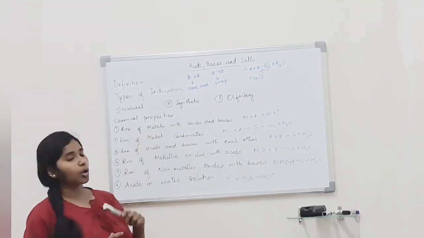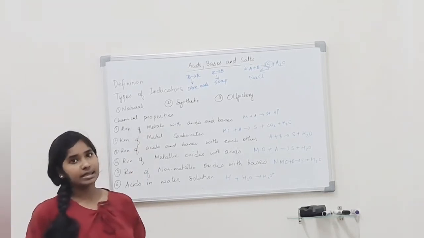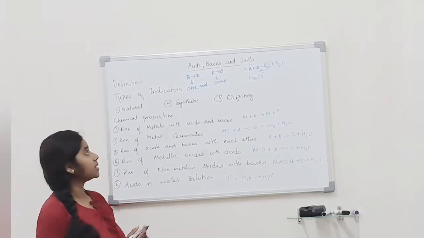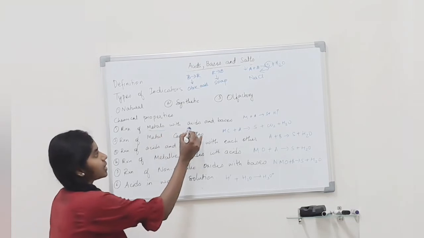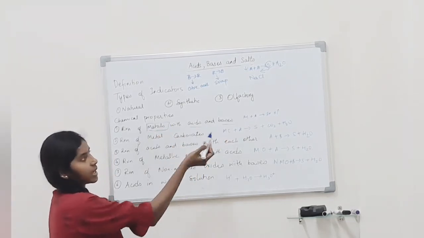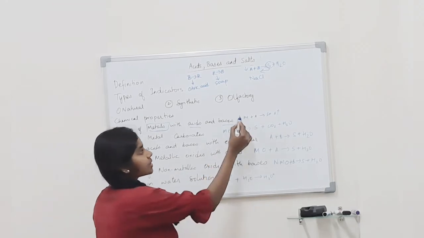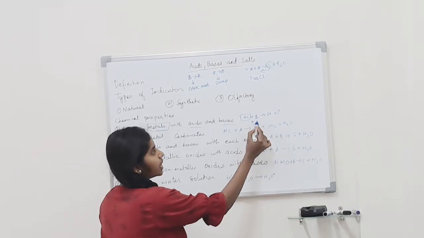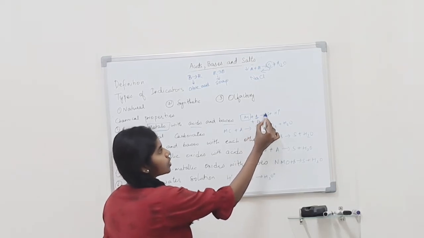Next, the chemical properties of acids and bases. The first chemical property we will be looking at is the reaction of metals with acids and bases. What happens when metals react with acids and bases? So this is the metal reacting with an acid or a base. It will give you a salt.